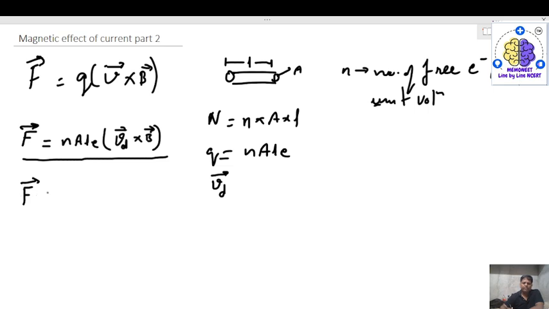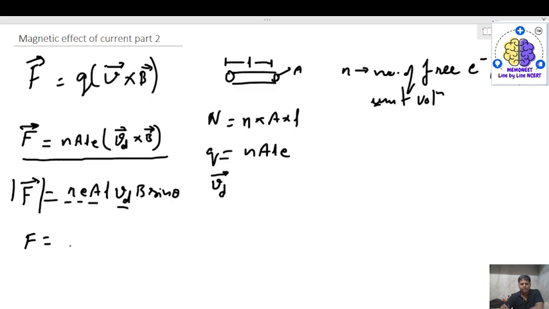So we can write F equals, if we find the cross product, n e A L Vd into B into sine theta, where theta is the angle between the velocity vector and B vector, right?